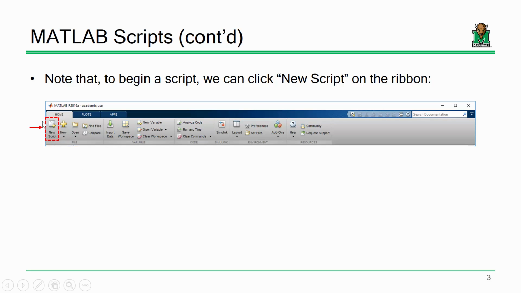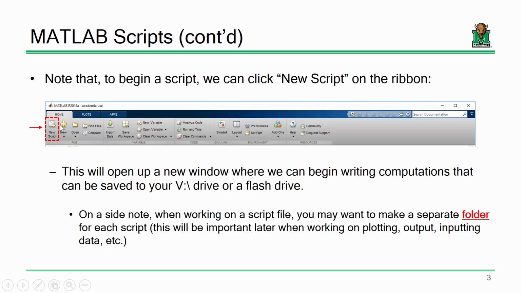When you begin a new script, you'll click on the ribbon of the program, this new script tool, and it'll open up a new window that you haven't seen before, and that's where it starts to number each of your commands.